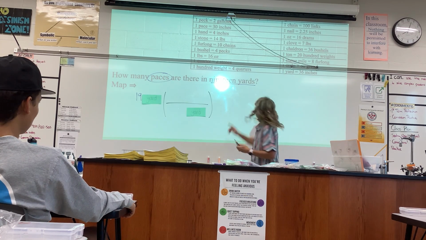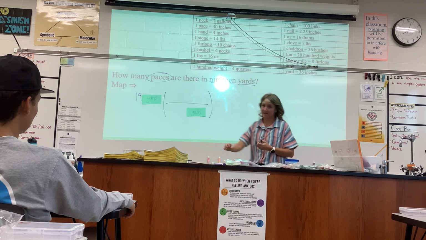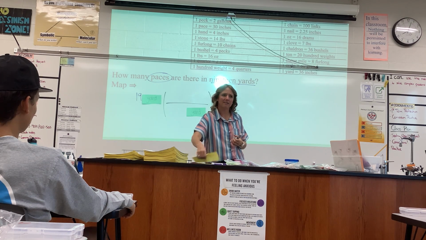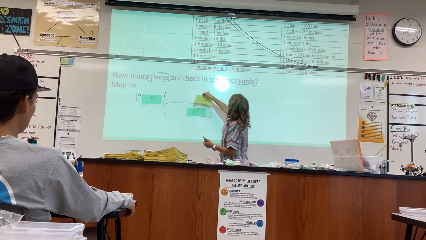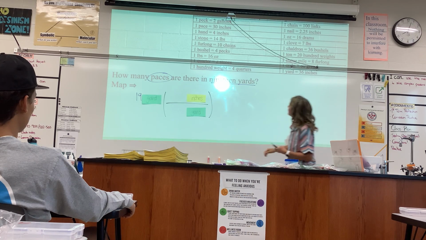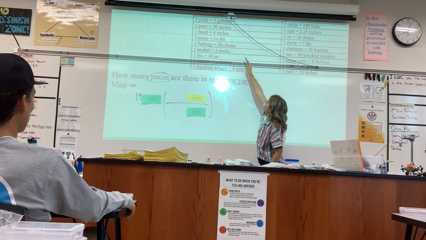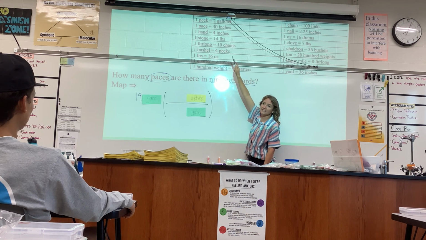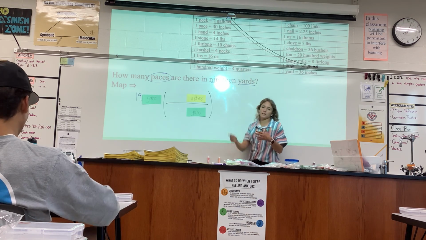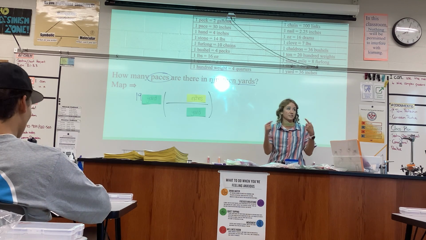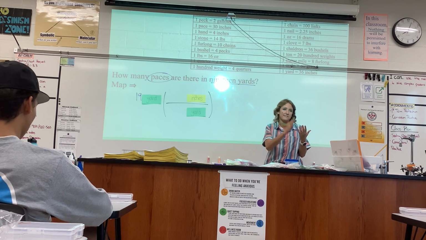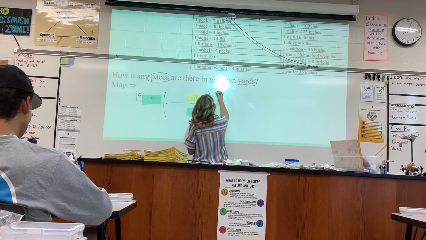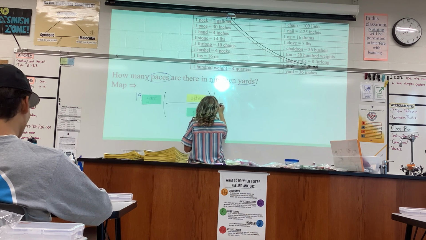But a lot of you identified, well, yard goes into inches, and why does that help me out? Because then, if everyone sees up there, inches will connect to pace. So this could be a one-step problem if they connect directly, but you may have to make multiple connections. All right, I'm going to keep building my map, and then I'll come back for the numbers.